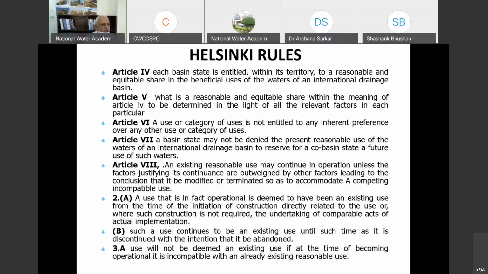Next. The issue is regarding distribution of the water. In 1966, there was a conference held on international distribution of waters, and this conference laid down certain rules.